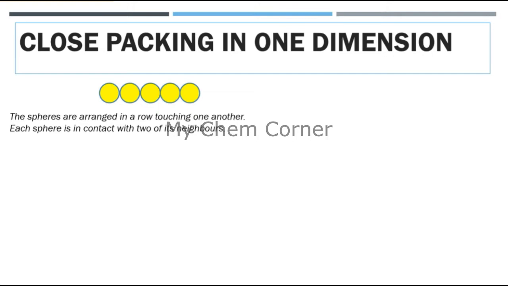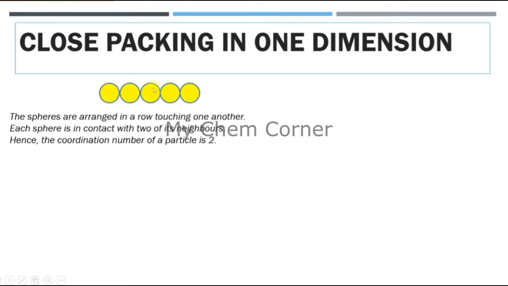So when we say that it is in contact with 2 other neighboring atoms, there is a particular terminology for it. It's called coordination number. Coordination number meaning how many spheres are in contact with that particular sphere, or how many spheres are touching that particular sphere. So the coordination number of this particular atom is 2 because it's contacting 2 atoms.